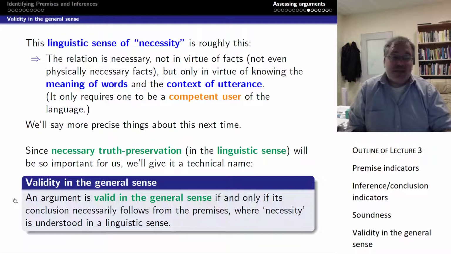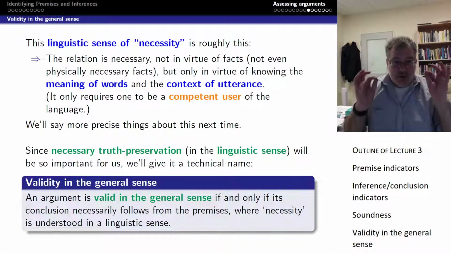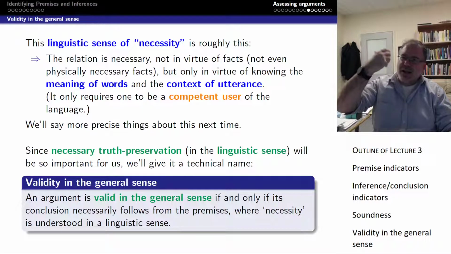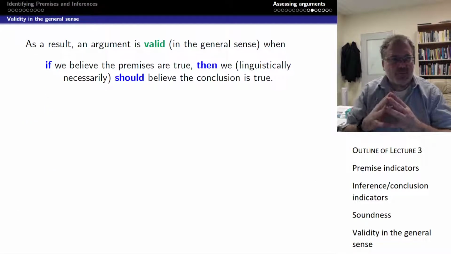An argument is valid in the general sense if and only if its conclusion necessarily follows from the premises, but not in any sense of necessity, but really in the sense of necessity understood in its linguistic sense. Okay, so that's what we mean by validity. That's what we're going to try to understand in logic when we're asking whether the conclusion necessarily follows from the premises.